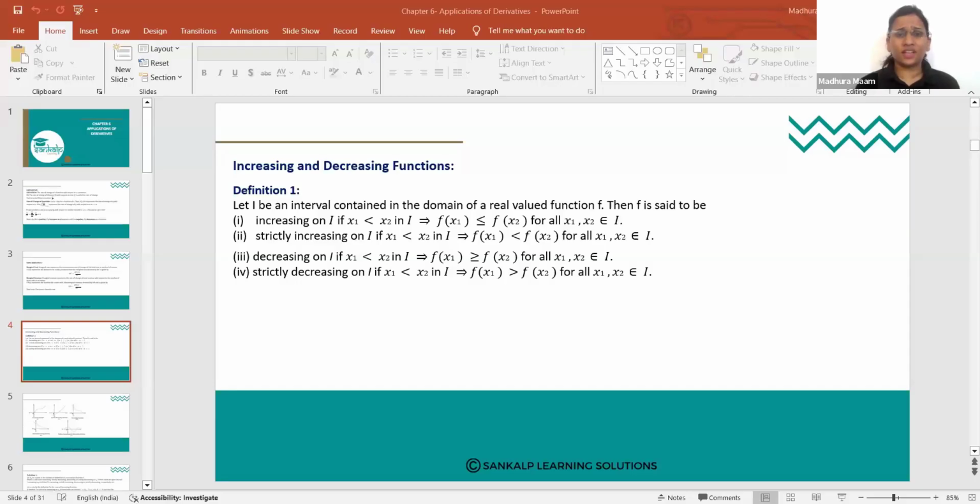In the last class, we started with increasing and decreasing functions. We saw when a function will be increasing, decreasing, or neither increasing nor decreasing, and these are the conditions. This is the first definition, with respect to the graph, which gives you a clear idea.